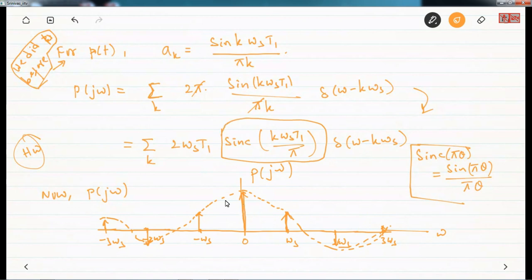These amplitudes will decrease as we go away from 0, and the signs will keep changing.